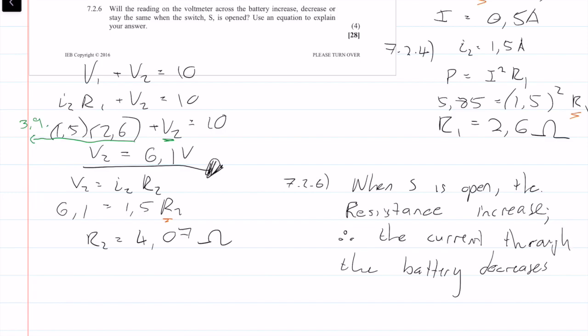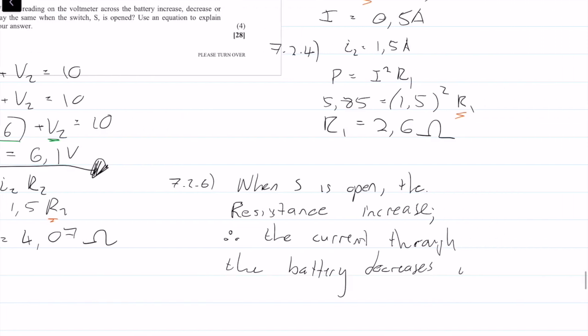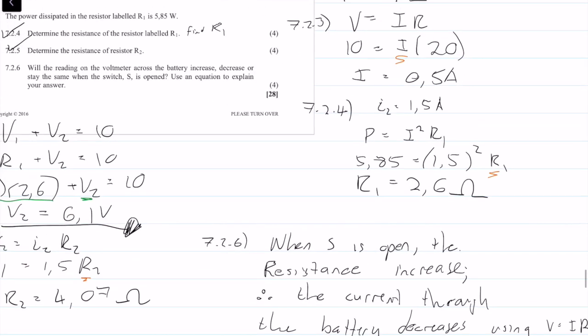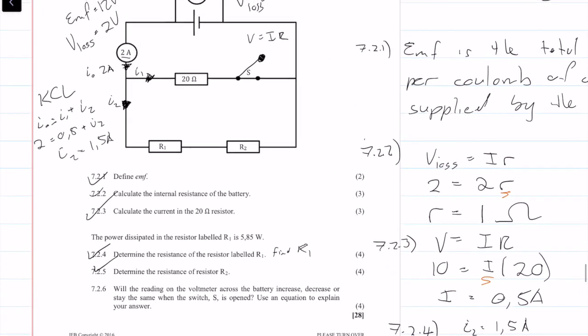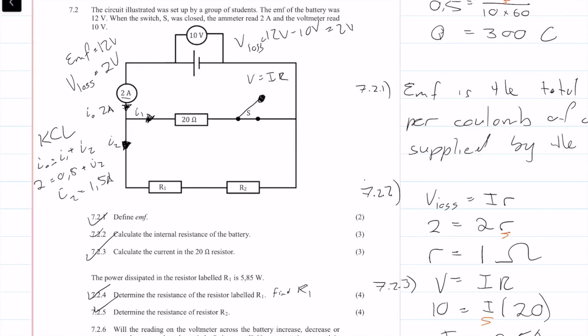We don't actually have to say that part, let's leave it out because that would require us making a little equivalent circuit. So we know that I has now gone down.